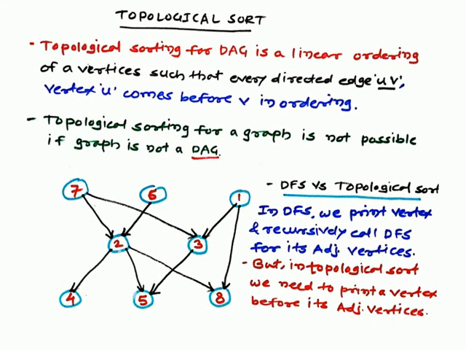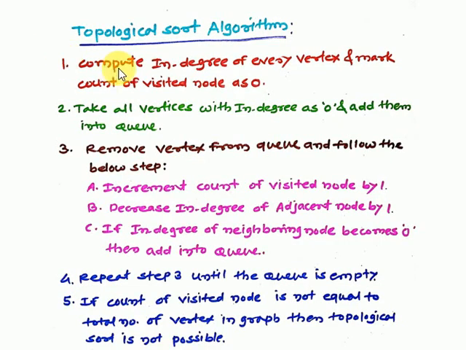Now we'll go for the algorithm. The first step to perform a topological sort on the given graph is to compute the in degree of every vertex, and we mark the visited node count as 0 for every vertex.